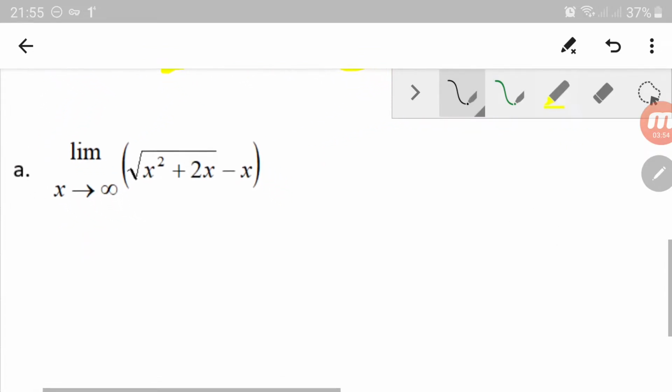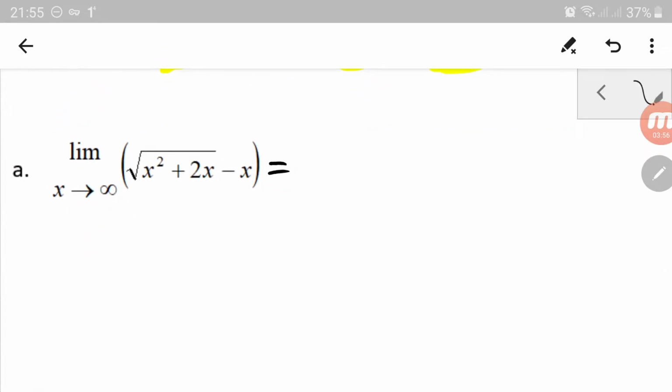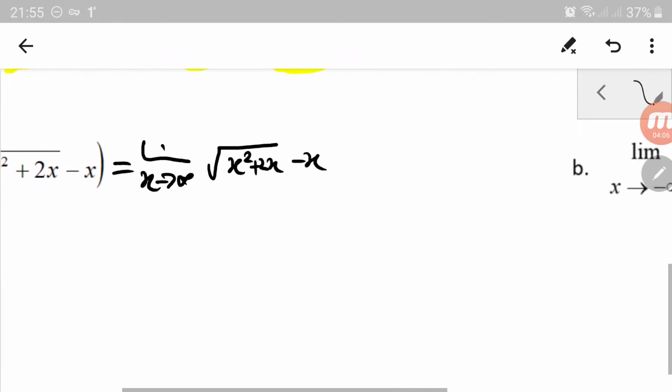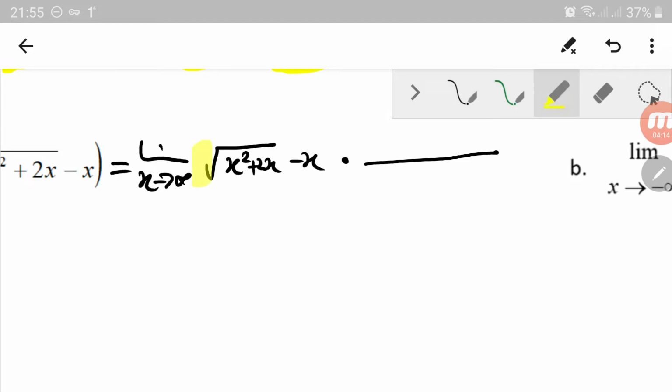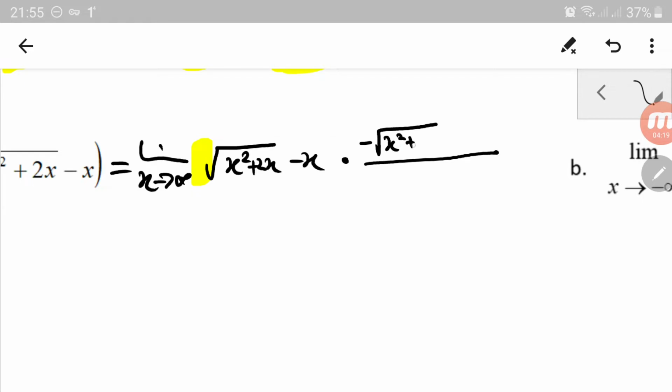Now the first one is this. I copy paste here: square root of x squared plus 2x, minus x. In this case, we have to multiply with its conjugate. What is the conjugate? Simple, we just negate the sign, so negative square root of x squared plus 2x, minus x.